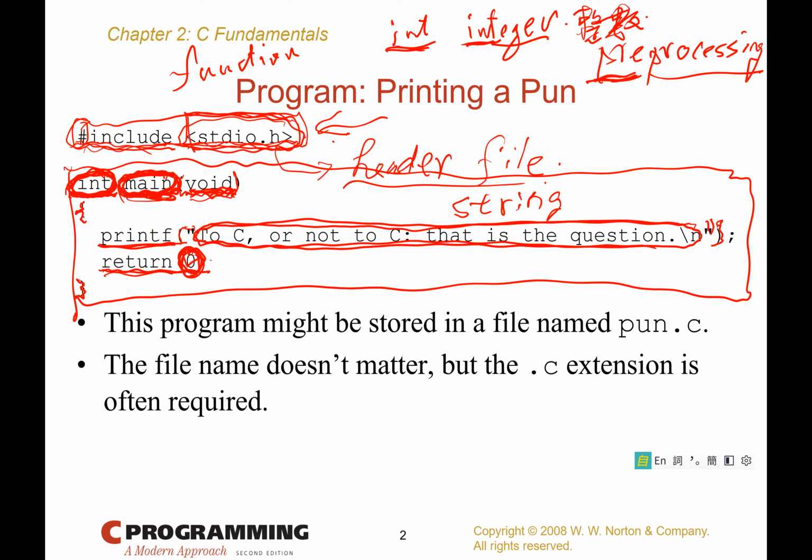So in a function, you have a function name, and before the function name, you put the data type you're going to return from this function. And in this big bracket, you define what the function will do. You use this function name to represent what you are going to do. So for a normal function, not a special function like main or printf, you can use it as many times as you want.